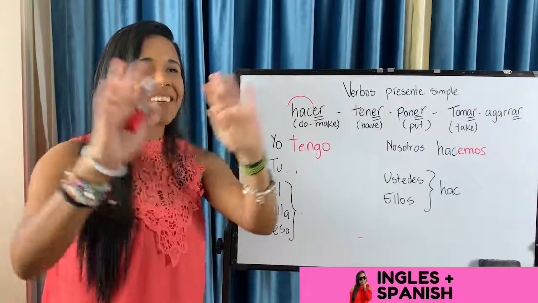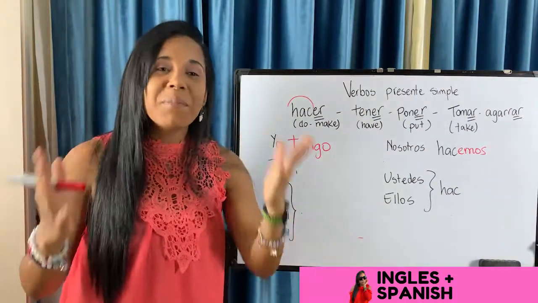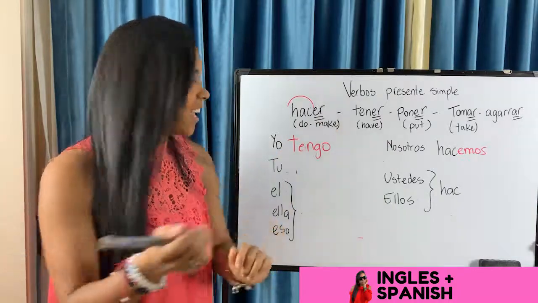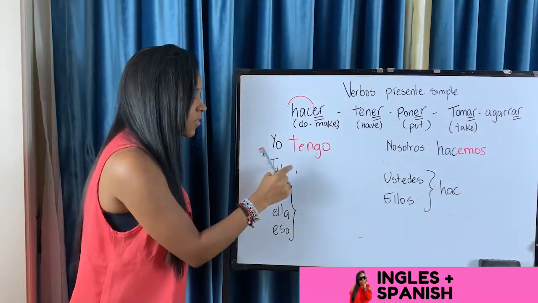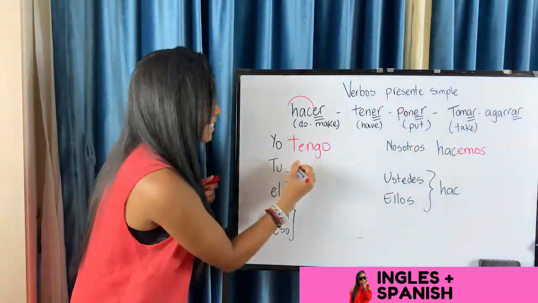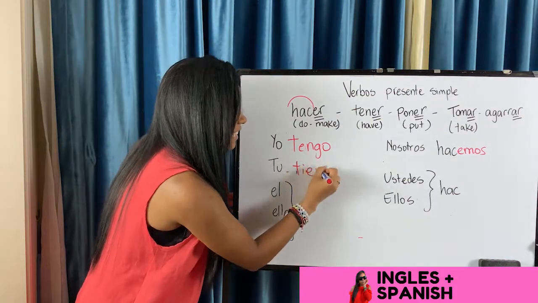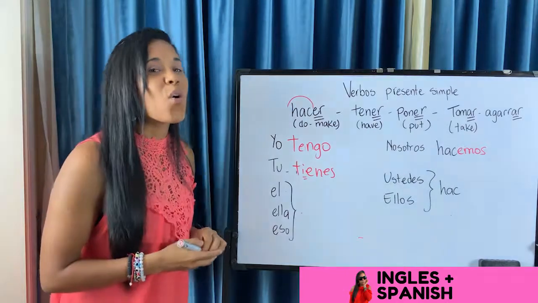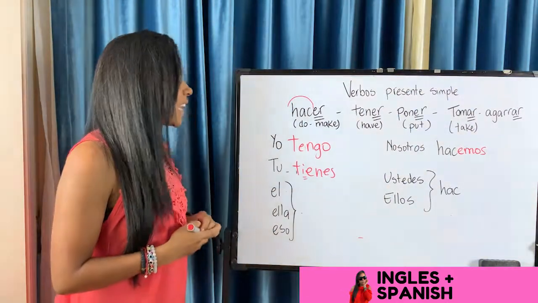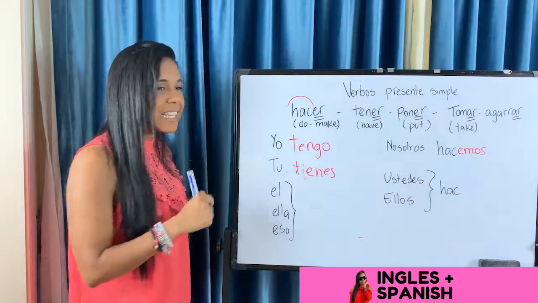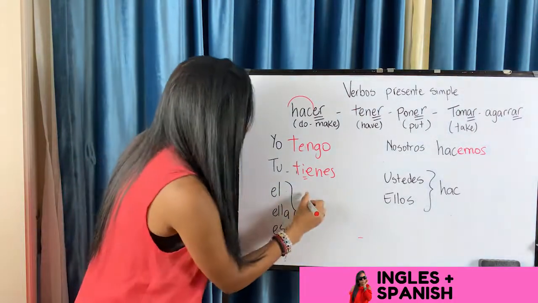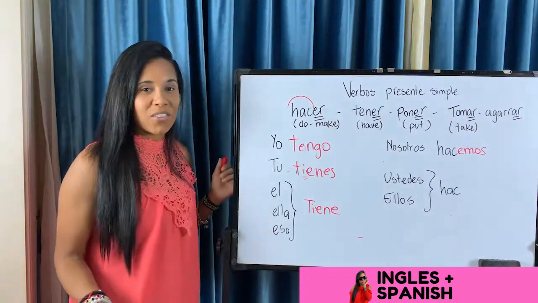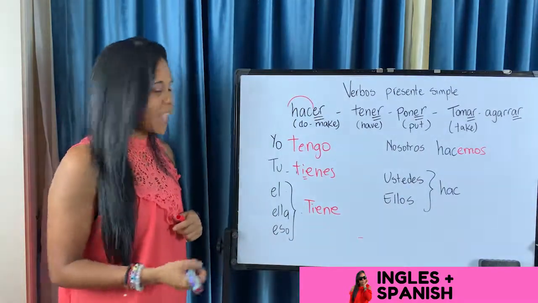Now, vamos a trabajar con un perro. Y un perro en inglés va a ser a dog, okay? So, tú tienes, tú tienes un perro, ¿ok? Tú tienes un perro. Él tiene un perro. Ella tiene un perro.